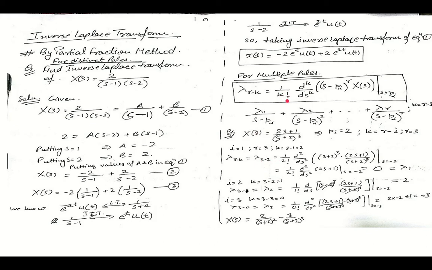So instead of k we can put 2, since we have k is equal to 2. Then we have d to the power k upon ds to the power k. So here we have k value 2, so we will have d square upon ds square. Then we will be multiplying with (s minus p_i) whole to the power 3.